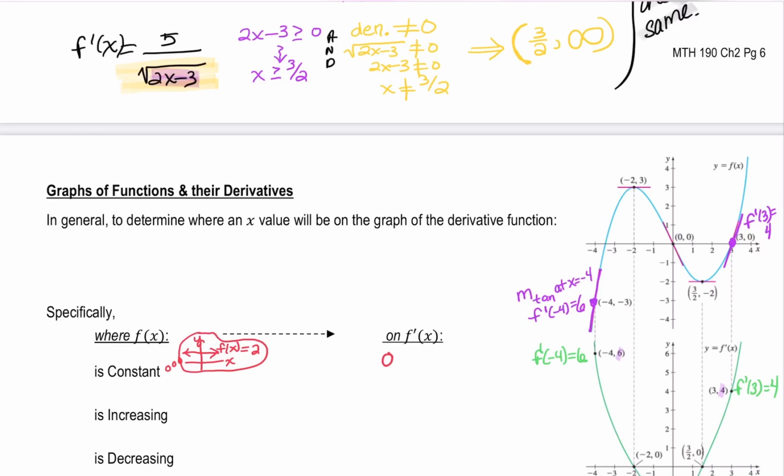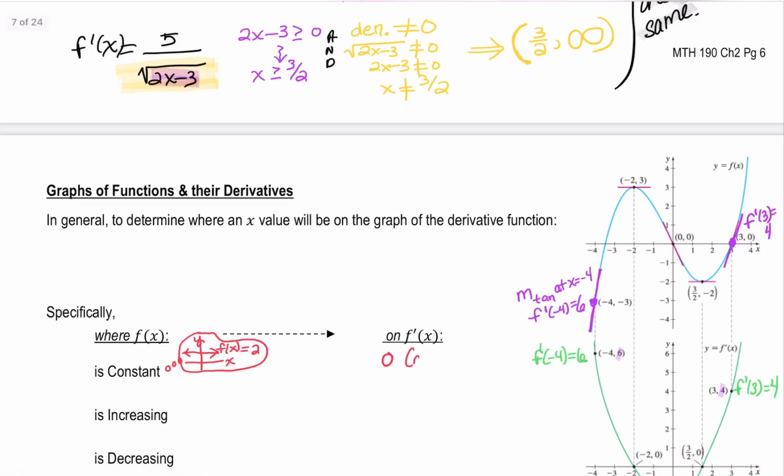So when you think about a linear function, its rate of change is always the same. For a constant function, its rate of change is equal to 0. So what would that mean on the graph of the derivative of the function? Well, where is 0 on the coordinate plane? That's the x-axis.